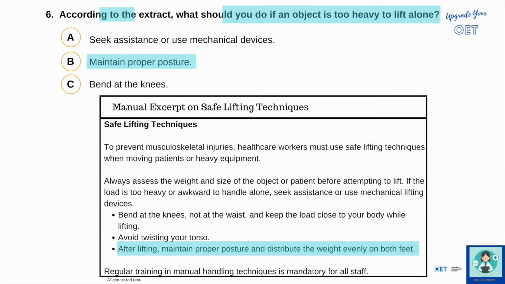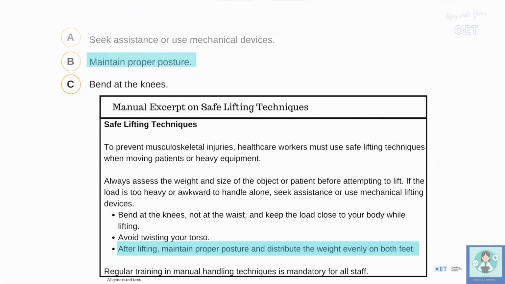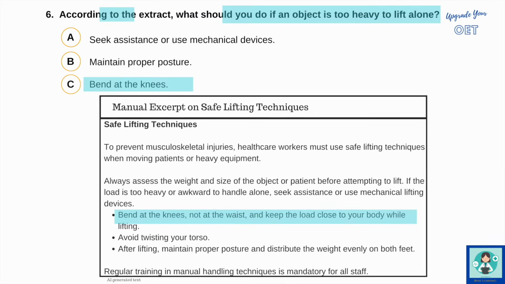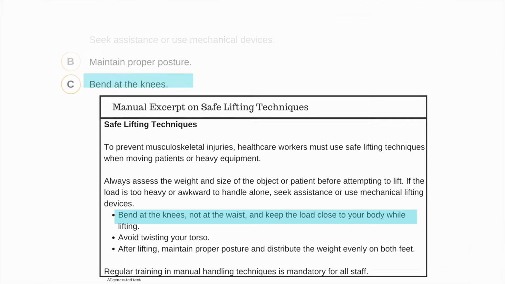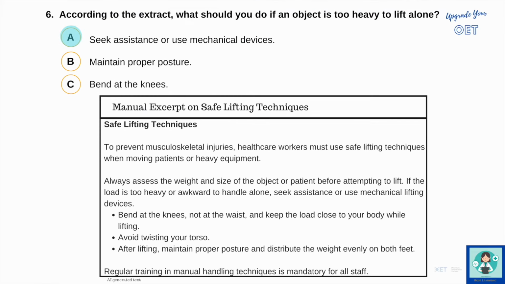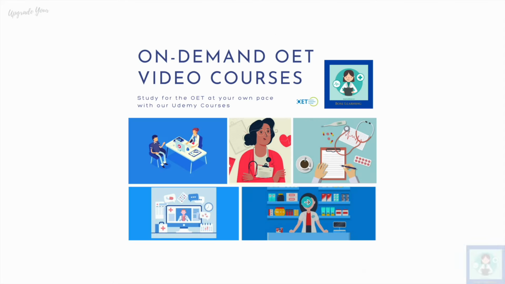Maintain proper posture is mentioned, but this is about when it's okay for you to lift the object, then you do this. And again, bending at the knees, it's normal protocol. But if an object is too heavy, then you have to get assistance or you look elsewhere at these mechanical lifting devices. So it's A.